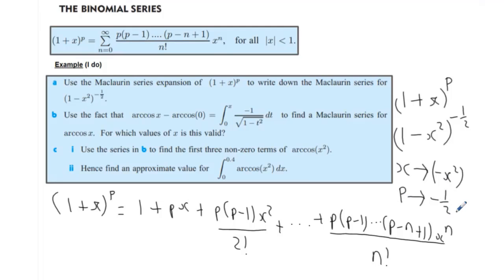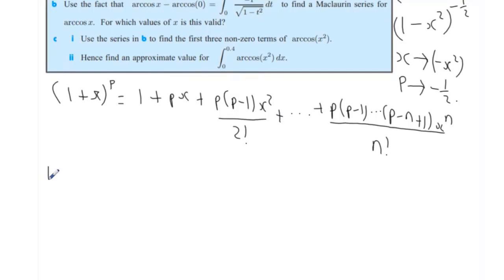Probably going to need some brackets for that as well. So (1 minus x squared) to the power minus a half. Well, it's still going to have the 1, so it's 1. The plus px term is going to be minus a half times minus x squared.